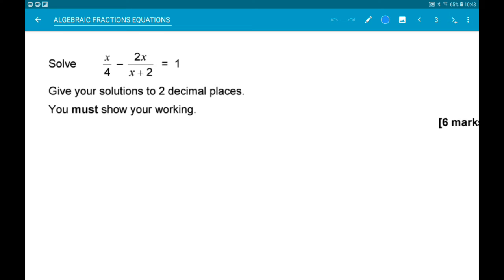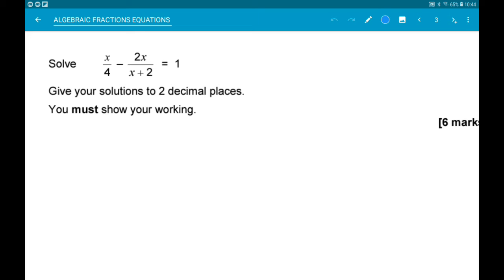So, given the fact we're told to give our solutions to 2 decimal places, that means this is actually a quadratic. And because we want the answers to 2 decimal places, that's telling us we're not going to be able to factorise the quadratic, so we're going to need to use the formula.